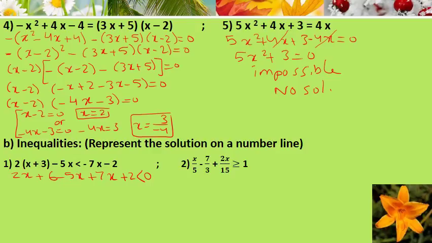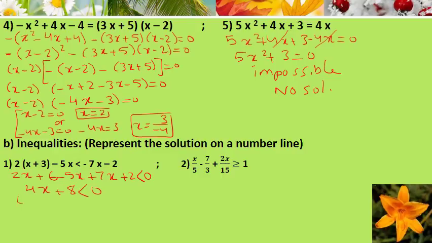Now, 2x minus 5x minus 3x plus 7x, 4x. Plus 6 plus 2, plus 8 is less than 0.